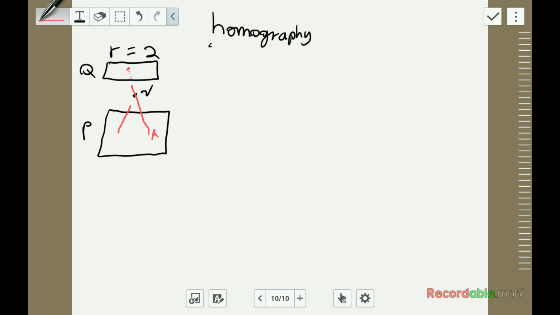And we do similar for all the other lines. So we get this bijection from one plane to another just using the single centre of perspectivity. So really it's fairly simple.